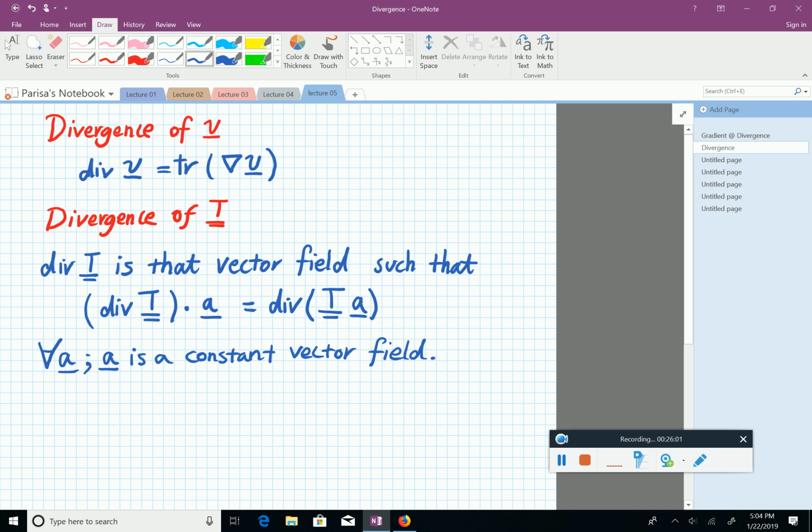Don't worry too much about it. In coordinate systems, you can see how it will translate. But that's how it is being defined.